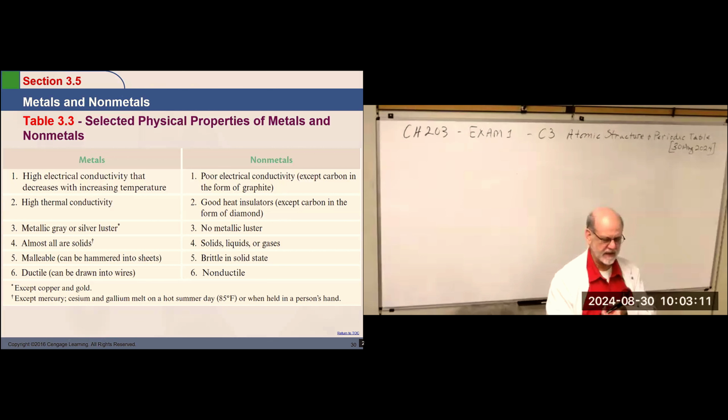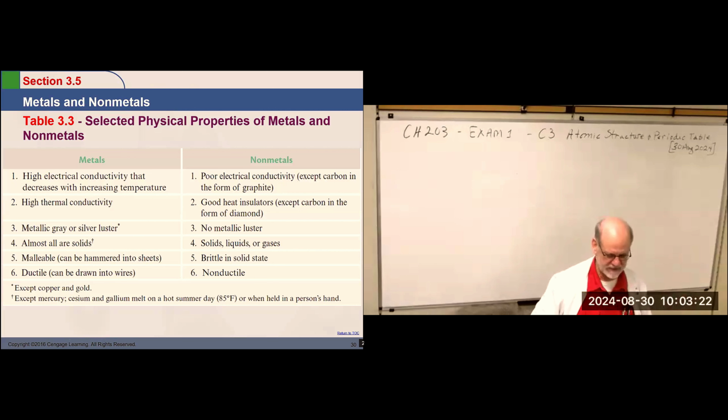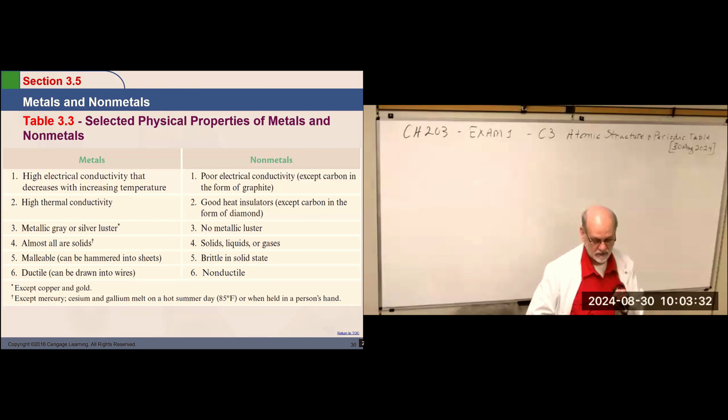They call it C60. That's a buckyball, right? It's carbon linked together in this geodesic structure. Looks like it came from Disneyland, Disney World. Anyway, they're poor electrical conductors, most of them, except for these versions of carbon. Some of these versions of carbon are very conductive.